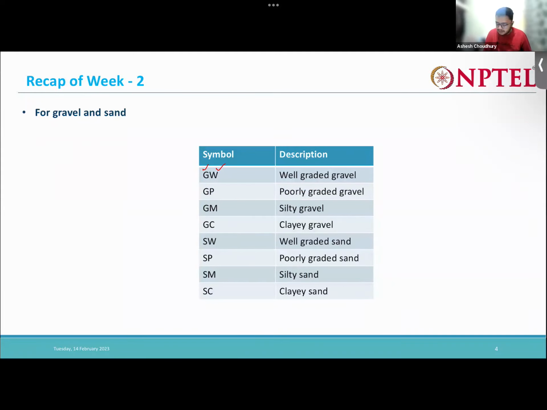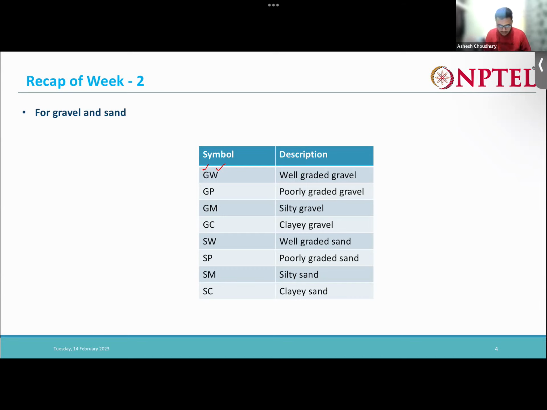GP means poorly graded gravel. GM means silty gravel. GC means clay gravel. SW means well graded sand. SP means poorly graded sand. SM is silty sand, and SC is clay sand.